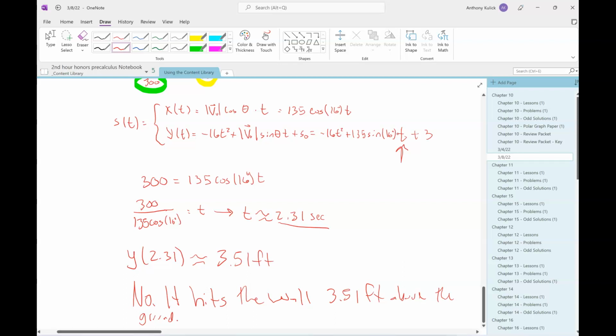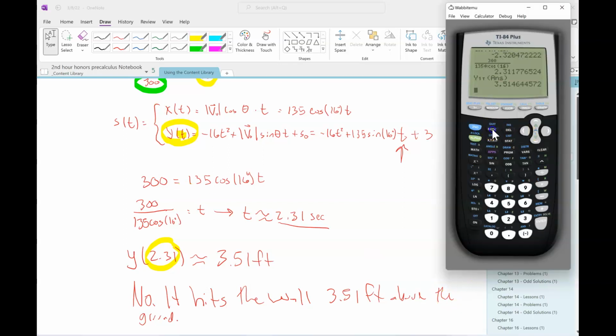Enzo. Where do you put the 2.31? So we're just plugging that into T in the y equation. So I just did y of 2.31, and I had the calculator do it for me. Once I had typed the equation into the y equals and gotten the graph, I can do vars, y vars, and then parametric, and pick y1 of t, and then plug the 2.31 into that.